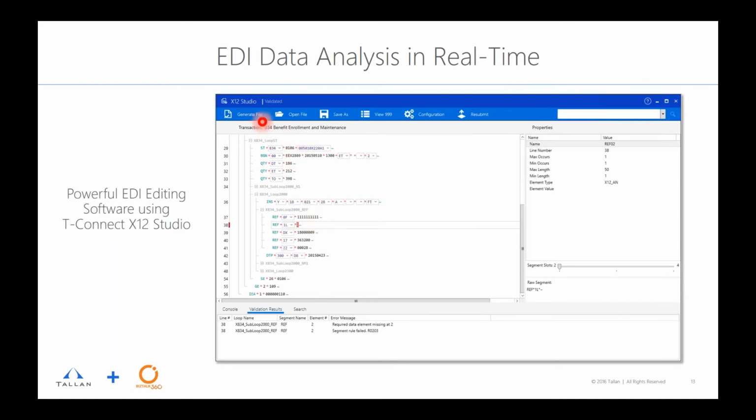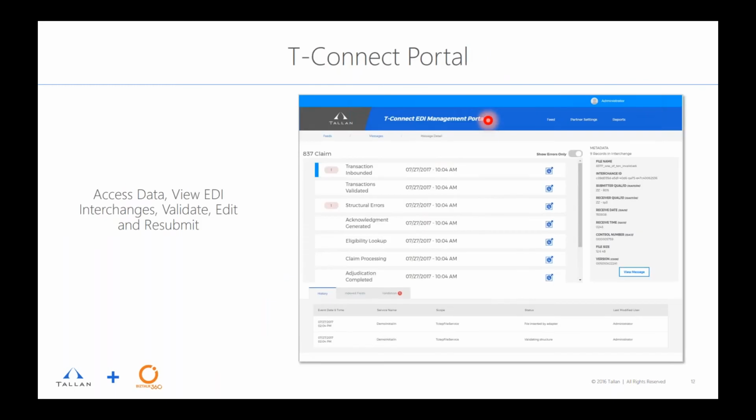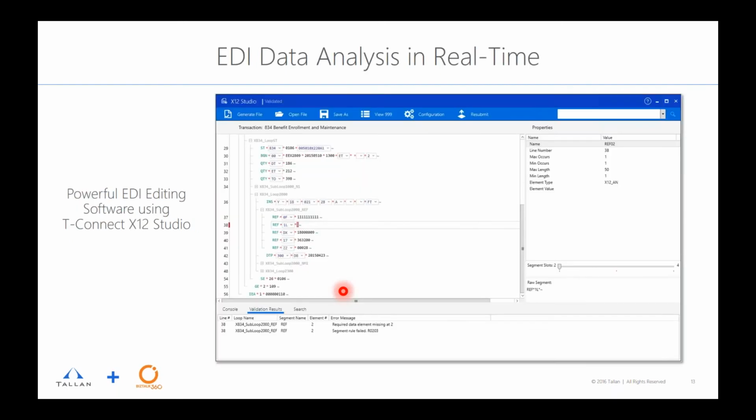You can save it out, or you can just resubmit. When you resubmit, you'll see another stage in the itinerary pop up here, so you know that it was processed successfully. So, great tool. This runs off of our T-Connect platform, and it really gives you access to those messages in real time, to edit and resubmit on the fly.